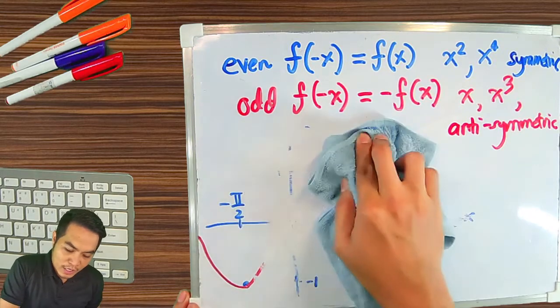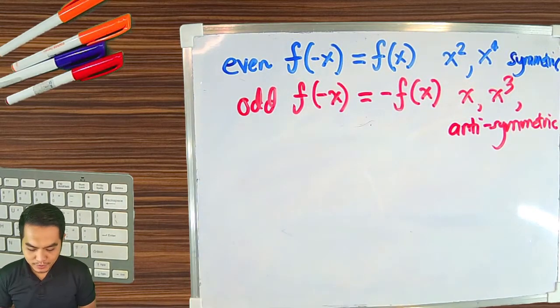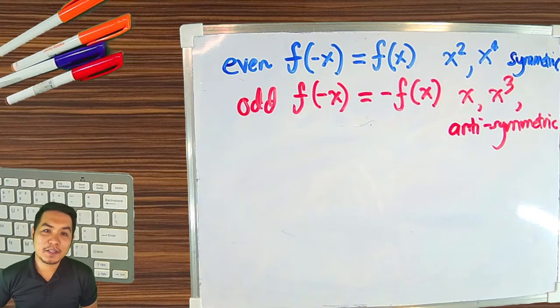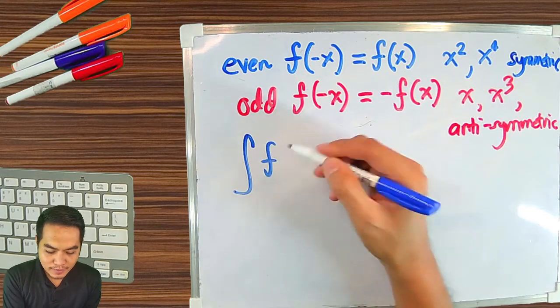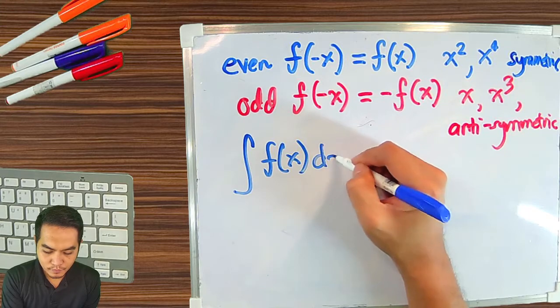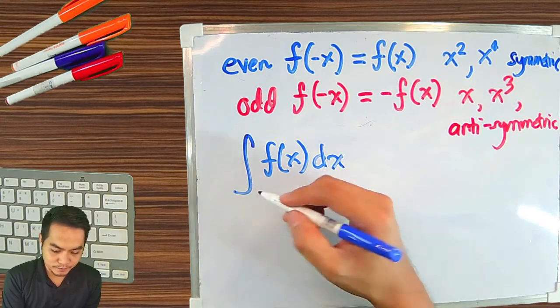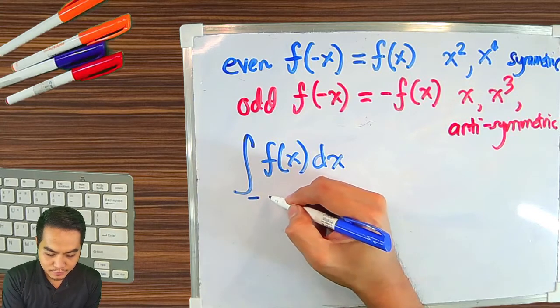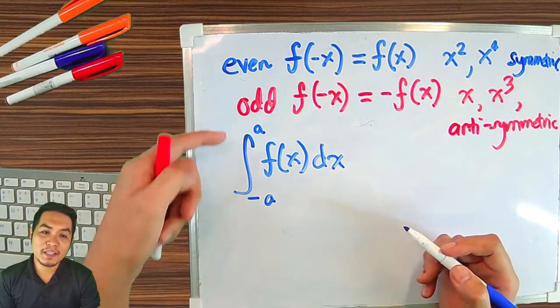Now, one common application of even and odd functions is when they are in the integrand, if you are integrating them. If you have an even function f of x dx and your limit is even, say from negative a to positive a, this is what we call an even limit.